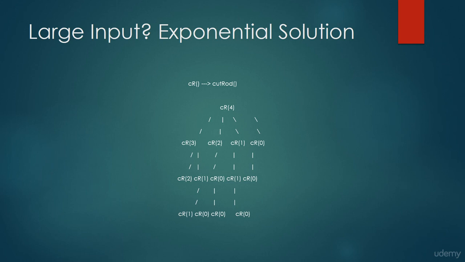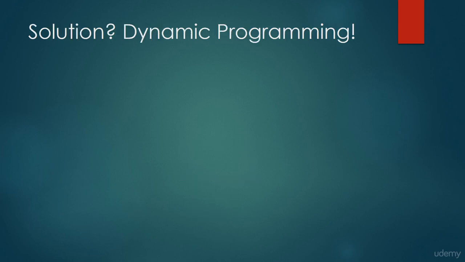We won't go into too much detail about how to derive the actual exponential limit, but it turns out this is O of 2 to the n because of how many calls are repeated, which have already been solved before. So you should immediately start thinking, how do I reduce this? What is the dynamic programming solution here?